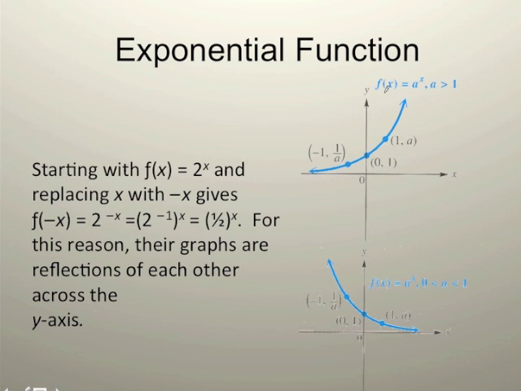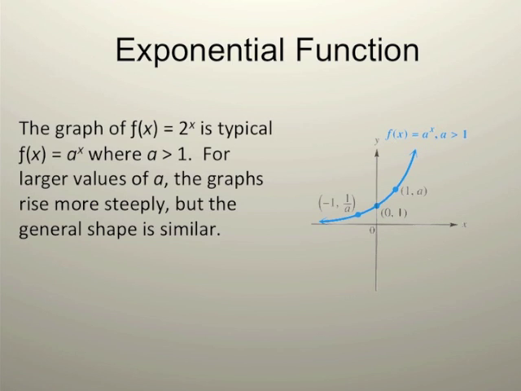So f(x) = a^x, and a is greater than 1. Your graph starts at 0 and is continuous and increasing. If a is between 0 and 1, then it's continuous and decreasing.